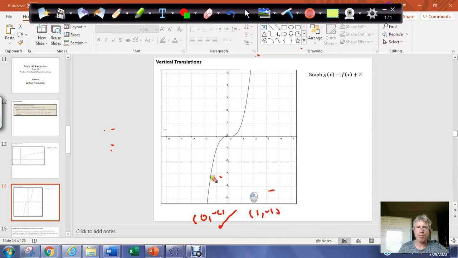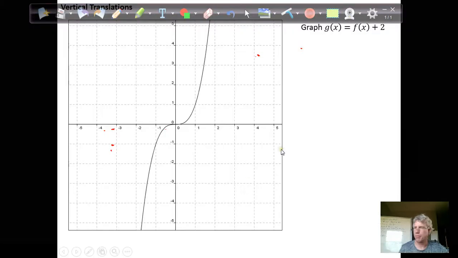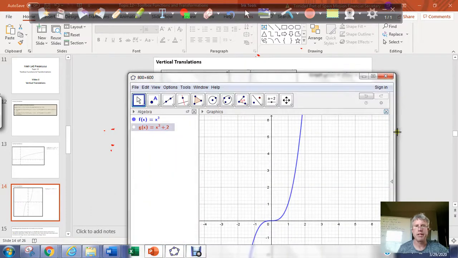I don't think I'm going to continue to use the application that I'm using much longer. It's not an efficient way for me to do this, but it's going to do for now. Oops, except I was supposed to bring it up in GeoGebra. Here he is.